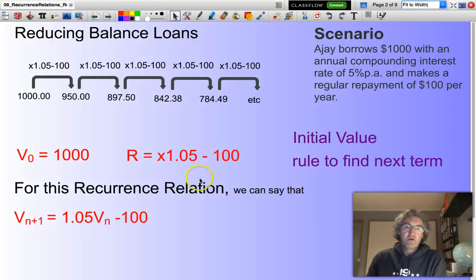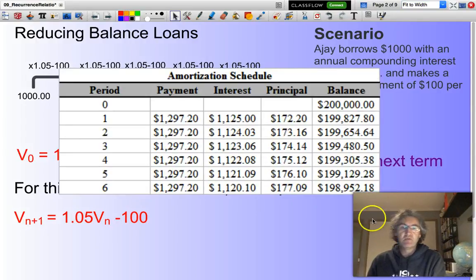Now, what I've described there, those steps, can be represented in what's called an amortization table. Here is a typical table, not for AJ, but for a situation where there's a loan for $200,000.